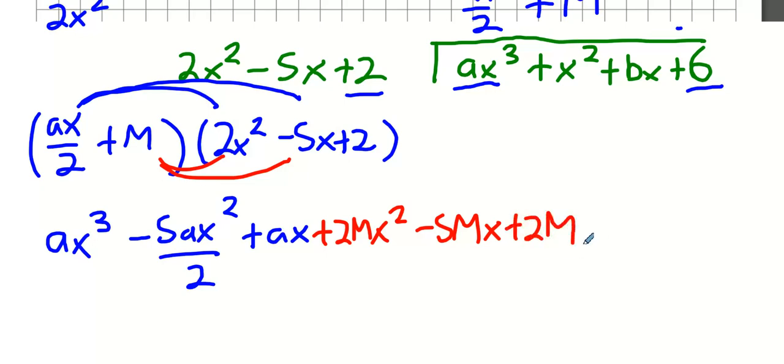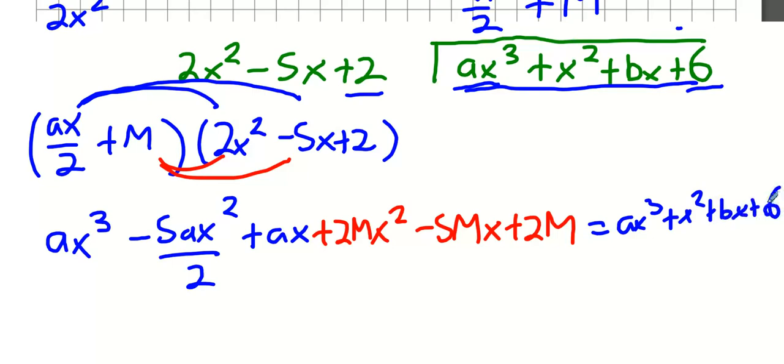Everybody see that? And what we're claiming is that that has to equal all of this: ax cubed plus x squared plus bx plus 6. You can see this is long and drawn out, isn't it? So what cancels? They're the same, aren't they? What do we know about 2m?